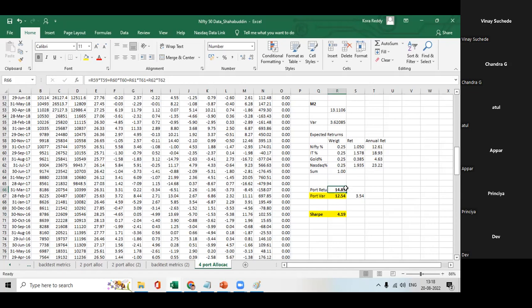And portfolio variance, this is monthly variance, so you are converting it into yearly with a square root of 12, and again converting back to standard deviation with a square root. So now you have your Sharpe ratio, which is portfolio returns divided by standard deviation.